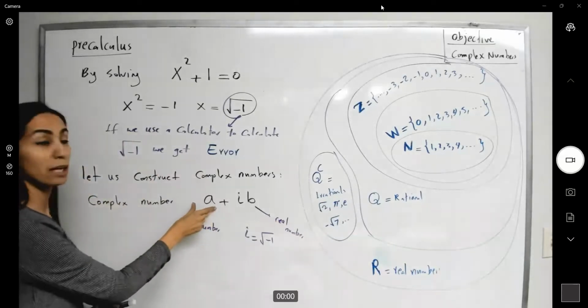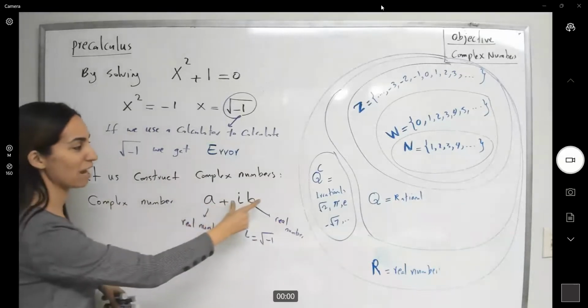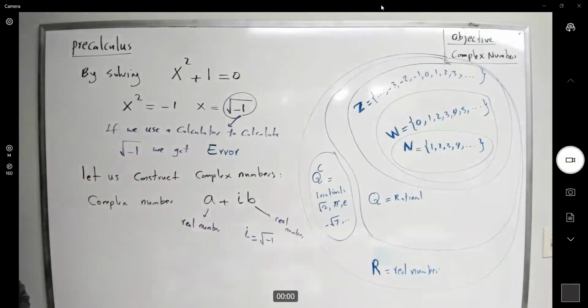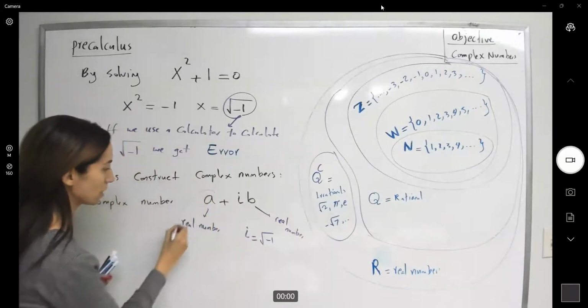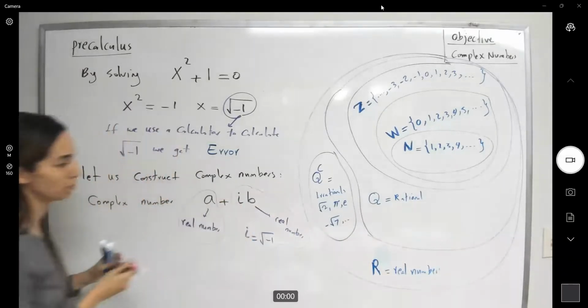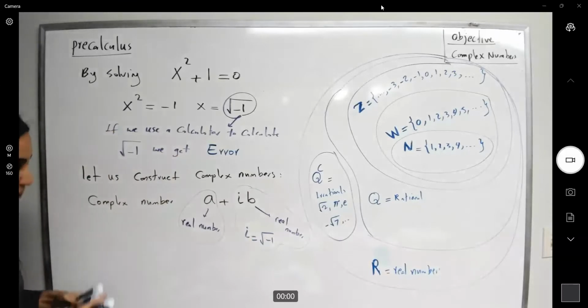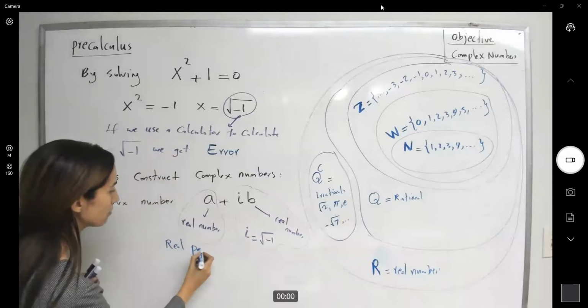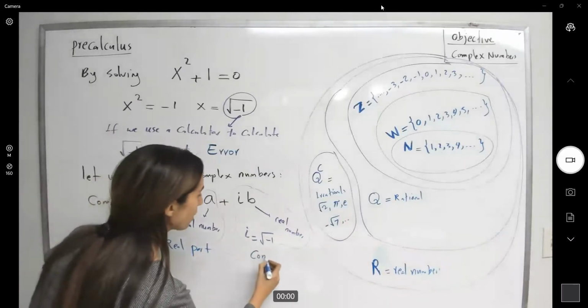So we have the real portion and we have the complex portion. This one is your complex portion. This is the real portion, and this is the complex portion. Real part and the complex part.